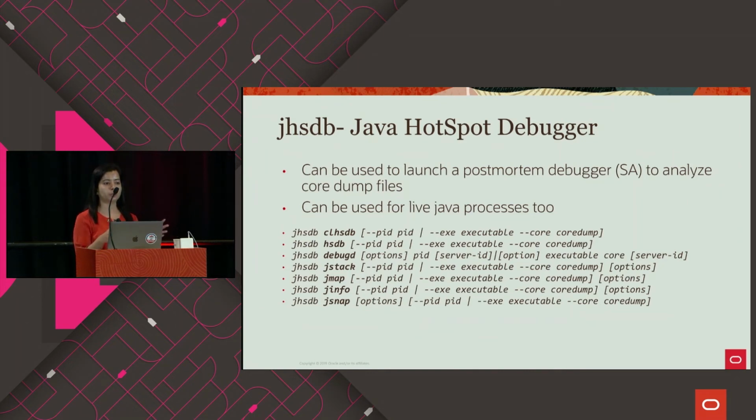So, if you use JHSDB to connect to a running process, the process would be stopped for as long as JHSDB is connected to that process. Keep this in mind when you are using this tool to examine live processes. This is mostly useful when there is a hung application and you want to extract diagnostic information from that hung application.